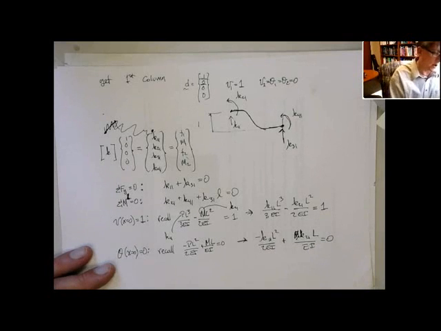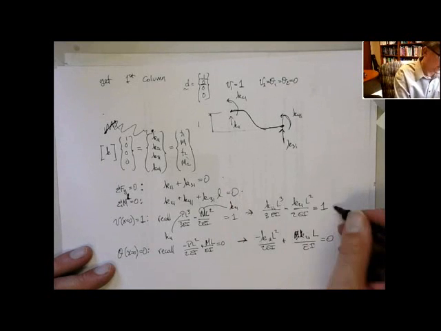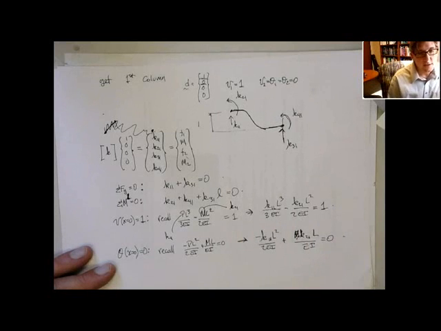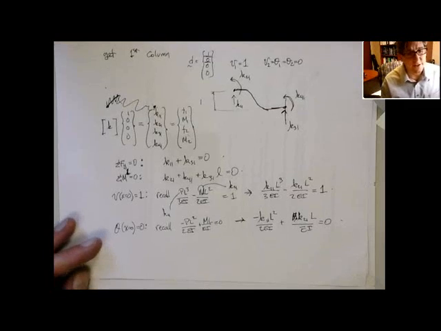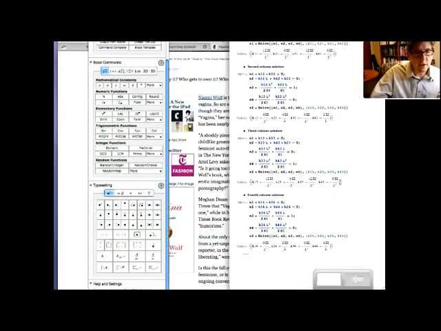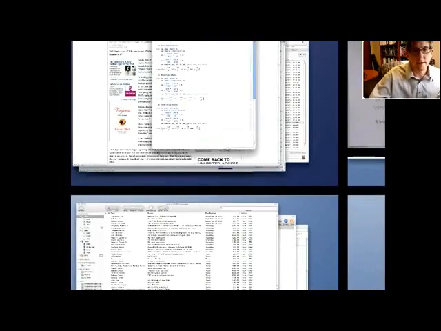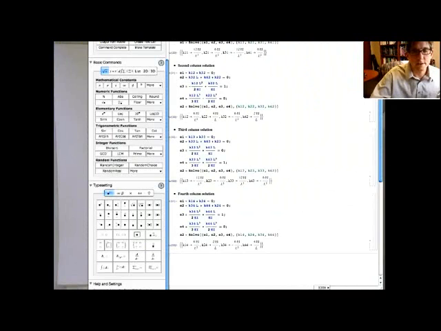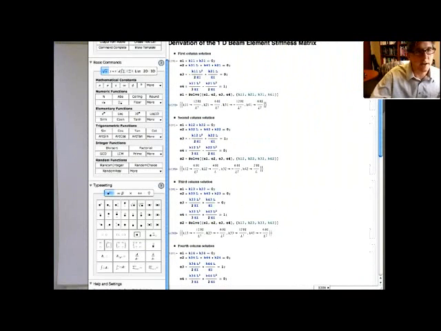Okay? So now I have 1, 2, 3, 4 equations to solve for 4 unknowns, and they're not that hard to do. You can kind of bounce around. In the old days, when I was a younger, better professor, I used to actually just do the algebra. But I have developed in Mathematica, basically, I just write them down in Mathematica and solve them.